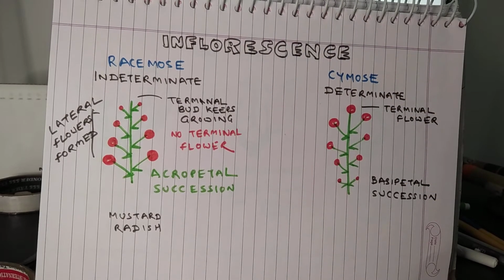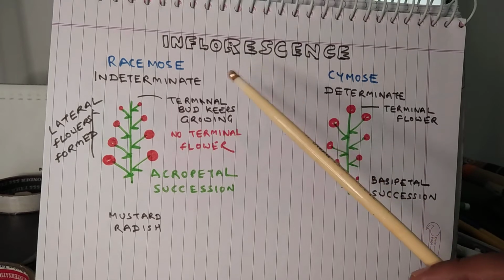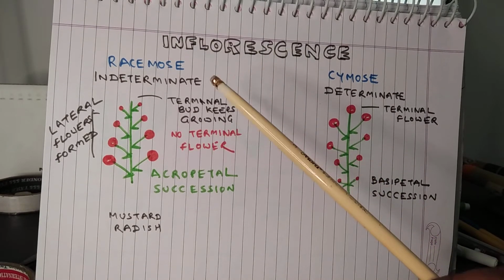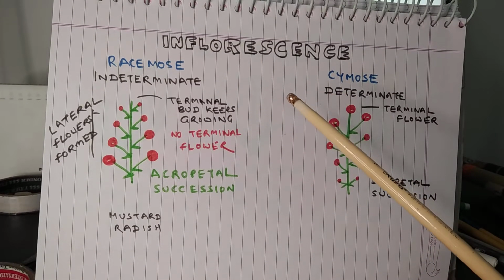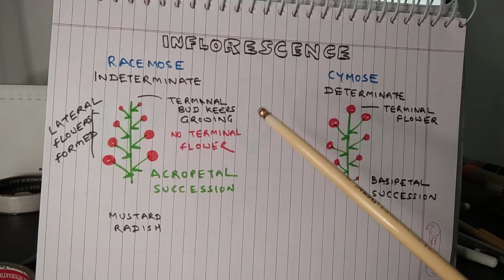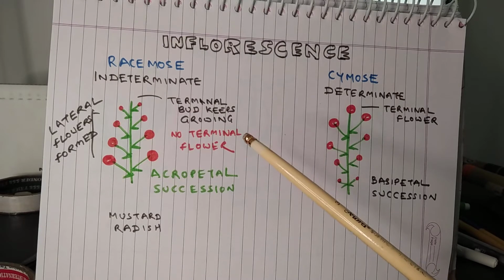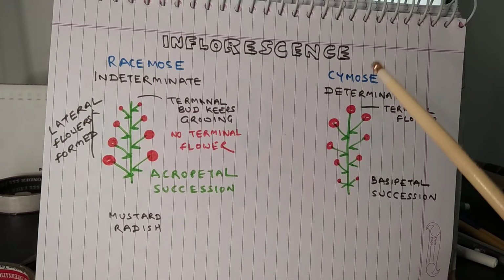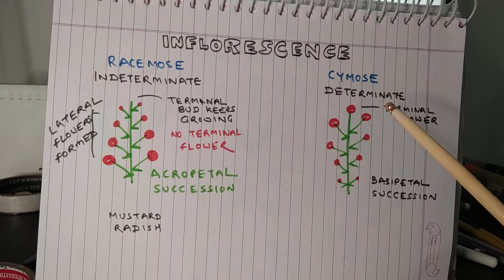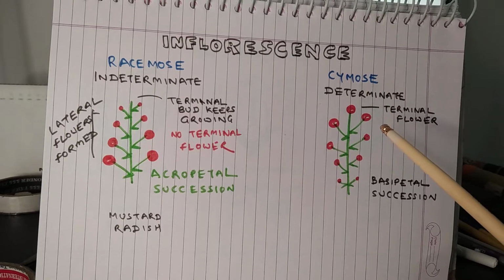Racemose inflorescence is also called indeterminate inflorescence because the growth of flowers does not stop in this case. New flowers keep on coming on the main axis. Cymose inflorescence is called determinate because there is a terminal flower, and with that the main axis stops to grow. That is why growth is limited.